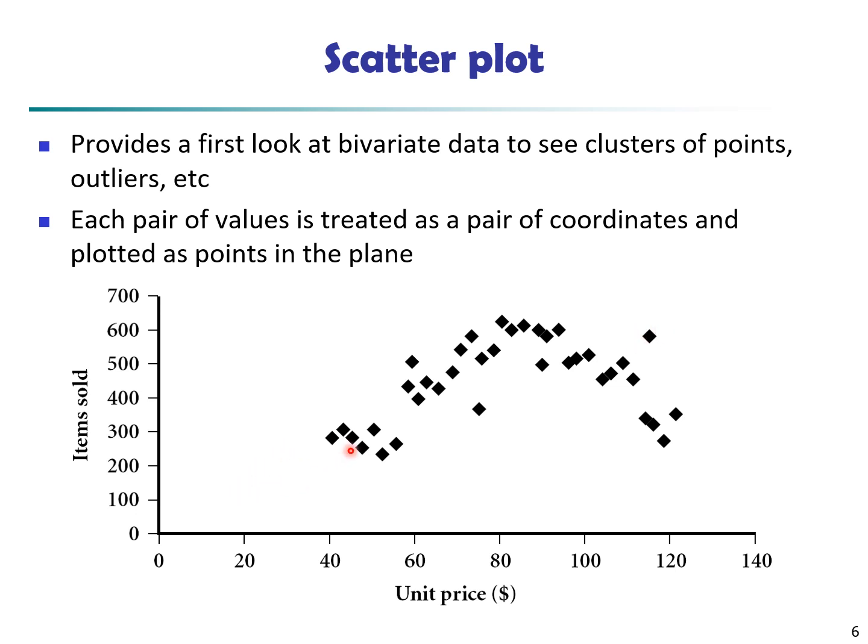It will also show if there are clusters of points, or a group of points that are together, like here for example. So it shows how each of these values is plotted into the two different coordinates and the intersection between them in terms of points.